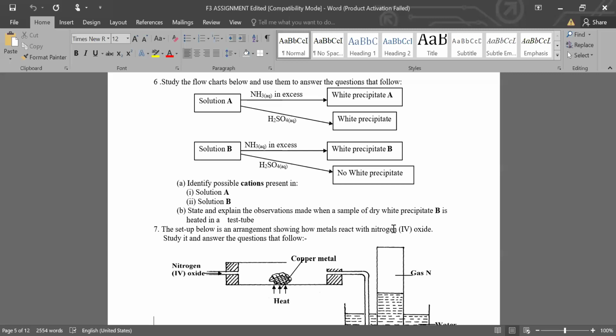When a hydroxide is heated, it decomposes to form an oxide and water. So in that case, magnesium hydroxide decomposes to form magnesium oxide and water.